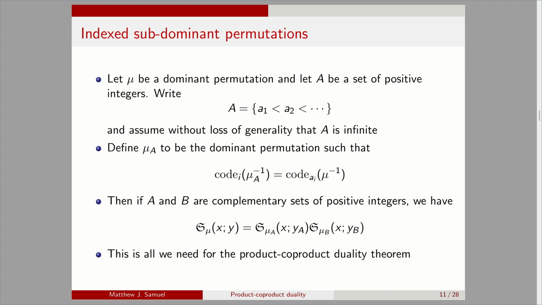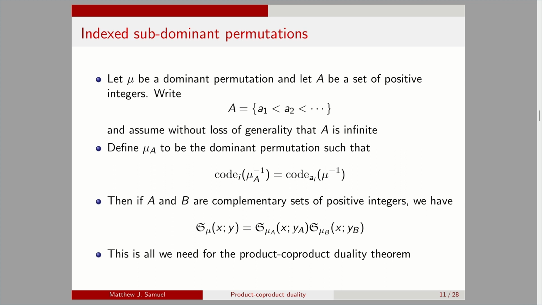So we're taking the code of the inverse and we're picking out the indices that occur in A. This identification has the property that if A and B are complementary sets of positive integers, we can write the double Schubert polynomial S_mu of x and y as a product S_{mu_A} of x and y_A times S_{mu_B} of x and y_B. This may appear very familiar.